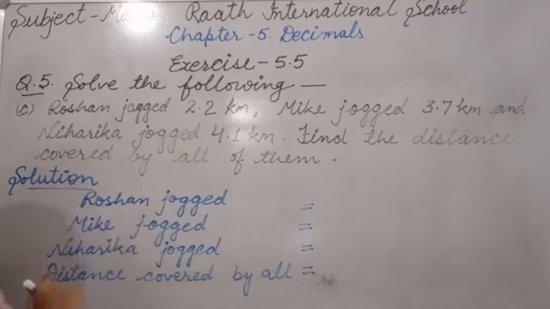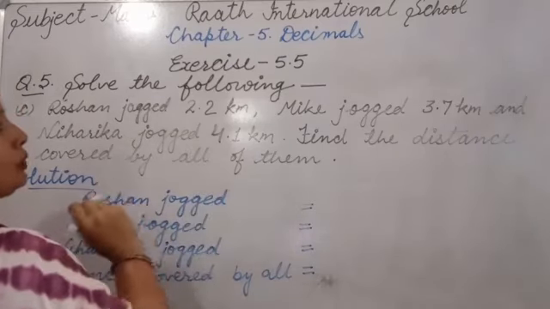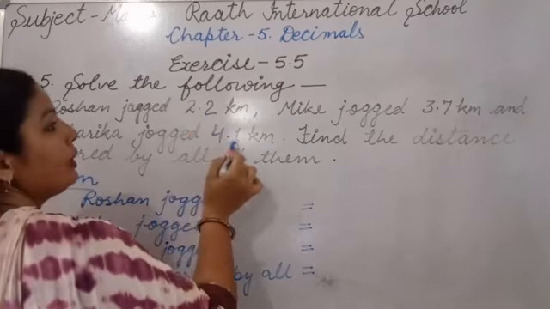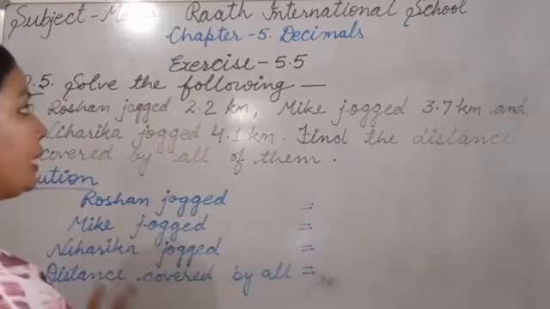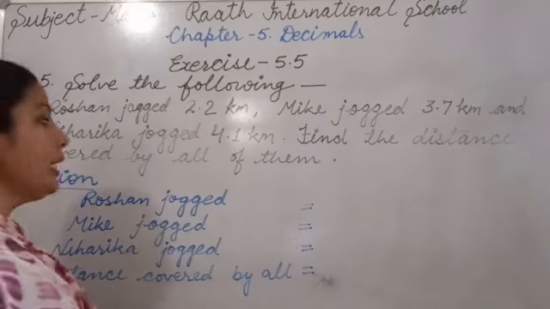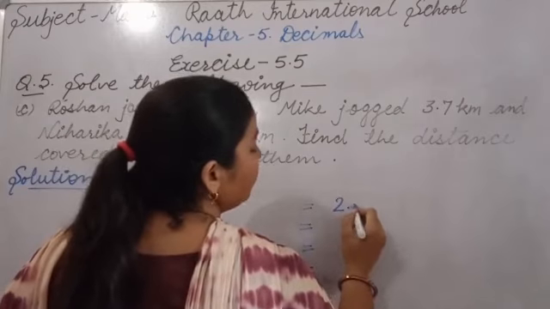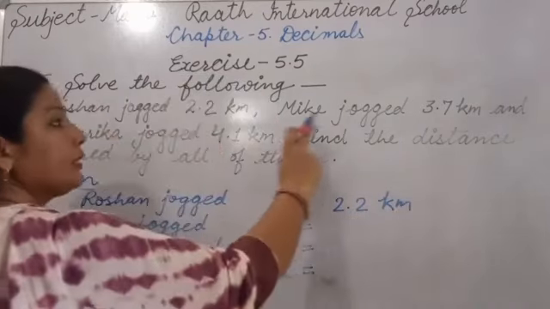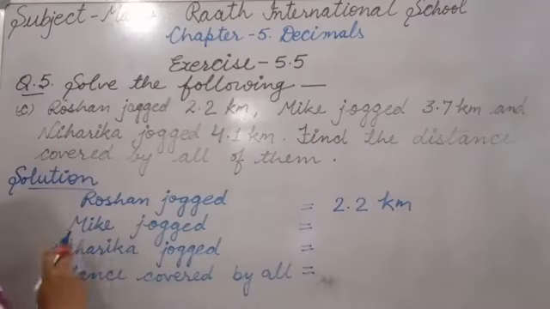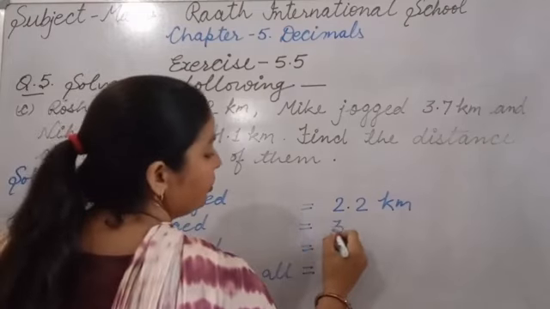Roshan jogged. Who is jogging first? Roshan. How much? 2.2 kilometer. You can see that in all of these we have one decimal place. So no need to make like decimals. Only you should write up and down, and then you will do addition. So Roshan jogged 2.2 kilometer. Then after that Mike jogged 3.7. So I write here Mike jogged 3.7 kilometer.